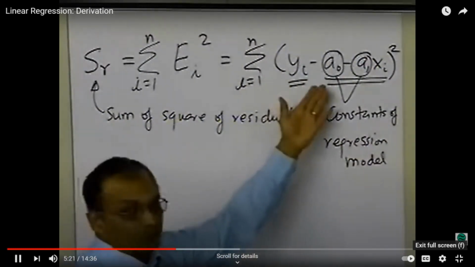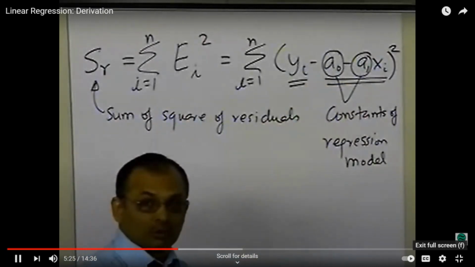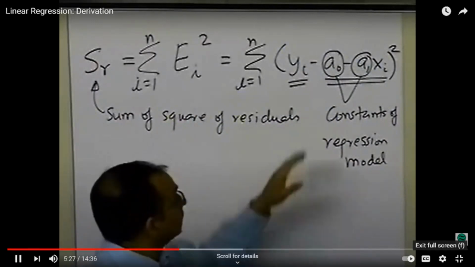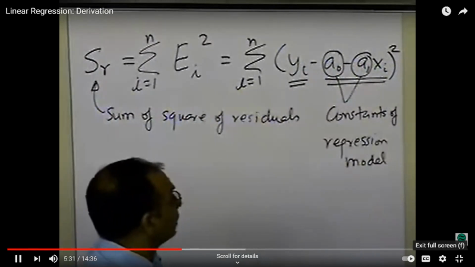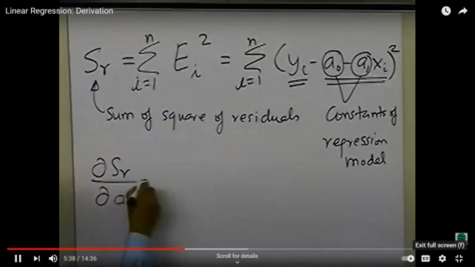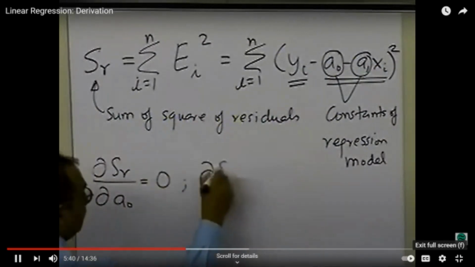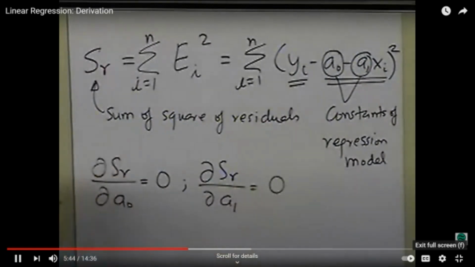So what that means is that we have to take derivatives with respect to a0 and a1, put those equal to zero, going back to your differential calculus class, to be able to minimize this summation here. So what I'll do is take the derivative of the sum of the square of the residuals with respect to a0, put that equal to zero, take the derivative of SR with respect to a1 and put that equal to zero.